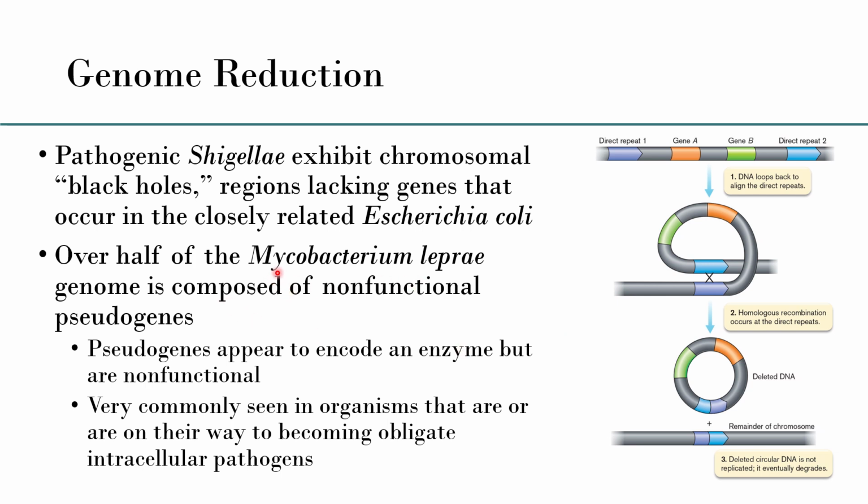The Mycobacterium species, like Mycobacterium leprae, the acid fast bacteria, the one with all the mycolic acids in its cell wall, particularly one that causes leprosy. Its genome has many non functional pseudogenes. Imagine this as a halfway point rather than just having these black holes.